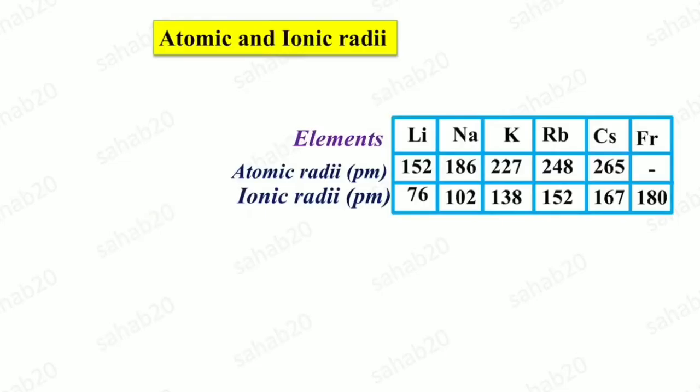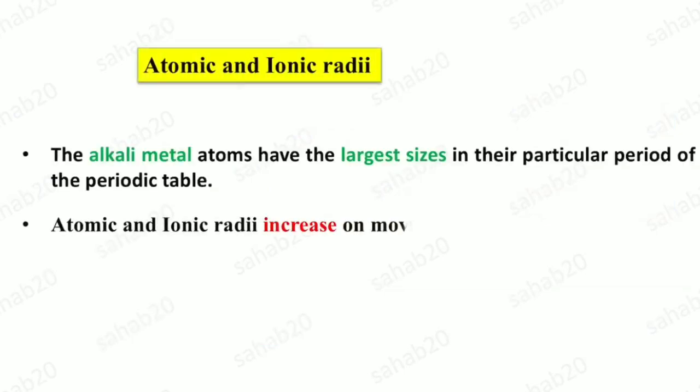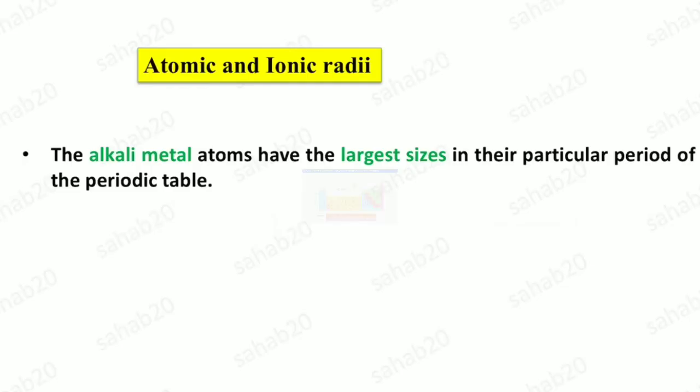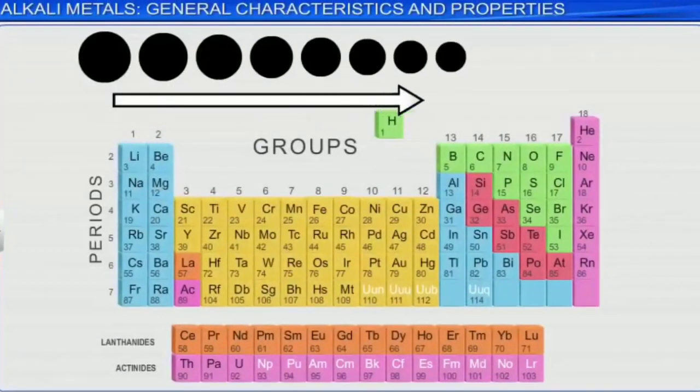Next, we are going to study about the atomic and ionic radii. When we move from left to right along a period, alkali metals are the largest elements, because when we move from left to right, atomic size decreases due to increase in nuclear charge.